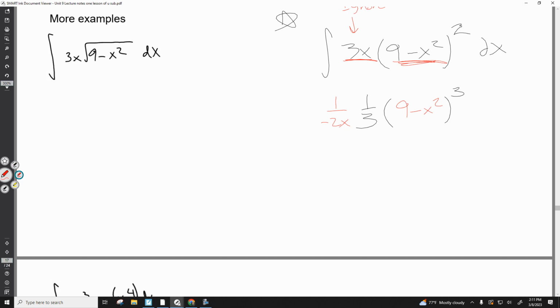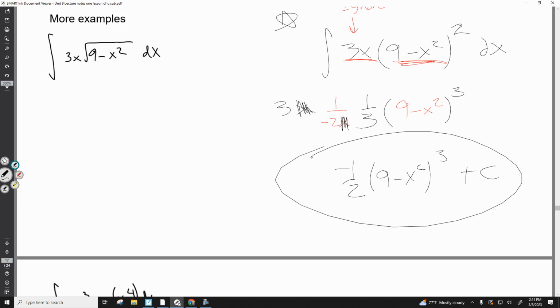Now, if this was my answer, it would be wrong, because this is a product of x's times x's. But that 3x is there, and that 3x cancels with that 2x, giving me a negative 1/2 (9 minus x squared) cubed plus c. A chain, not a product. A chain whose derivative is a product.